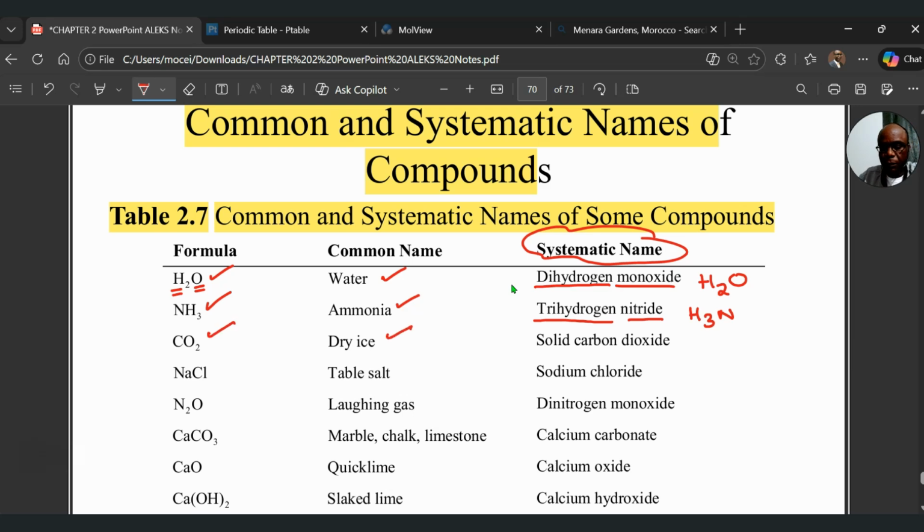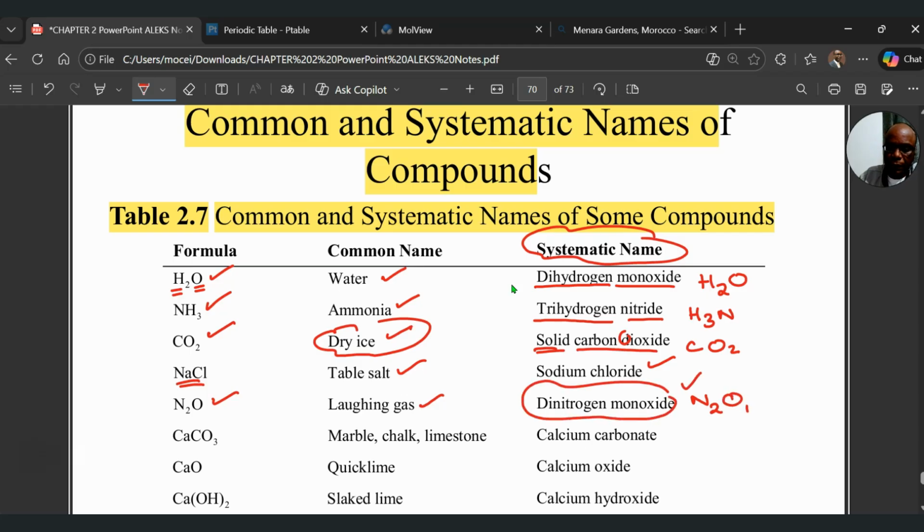CO2, people call it dry ice, is very cold. That's just solid carbon dioxide. Carbon with 2 oxygens, dioxide. NaCl is table salt. We'll call it sodium chloride. N2O is the laughing gas used as anesthesia, and it can be called dinitrogen monoxide, 2 nitrogens and 1 oxygen.